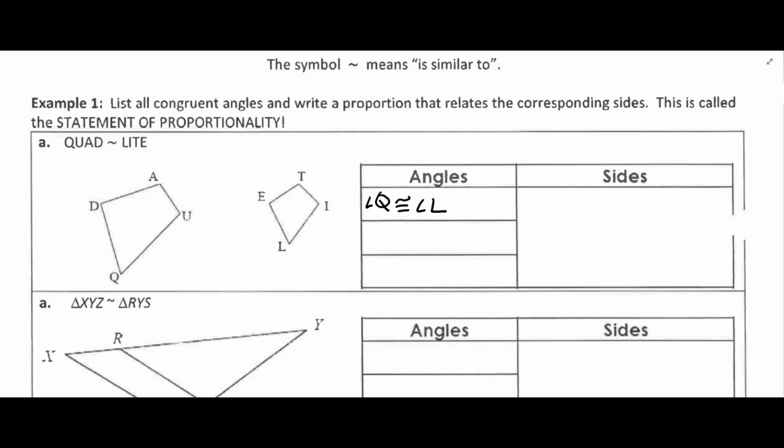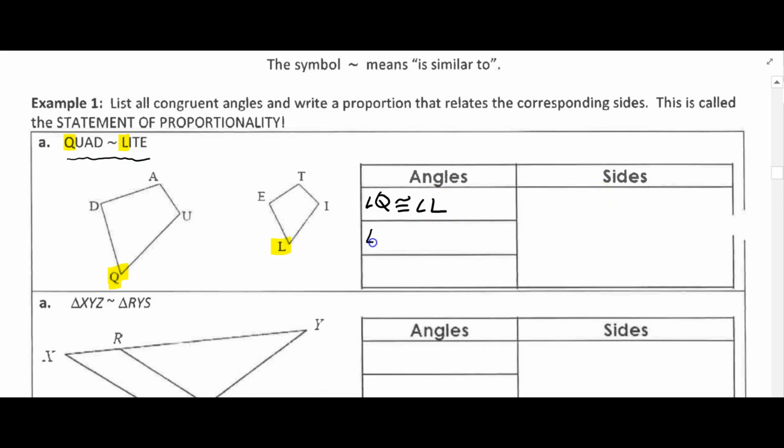Now, I can use the picture to help me figure out which ones are matching, but I can also use my similarity statement. So since the Q is in the first spot and the L is also in the first spot, those have to match. So a lot of times I'll just use this similarity statement to help me write my congruencies and my proportionalities.